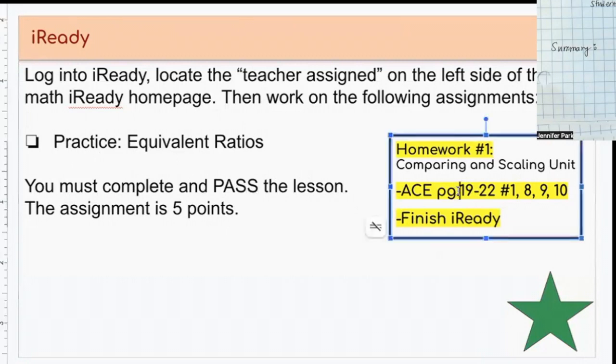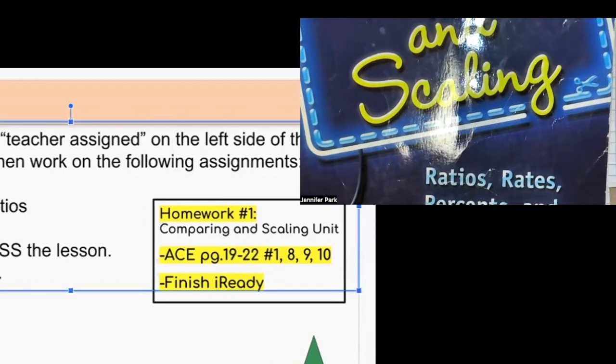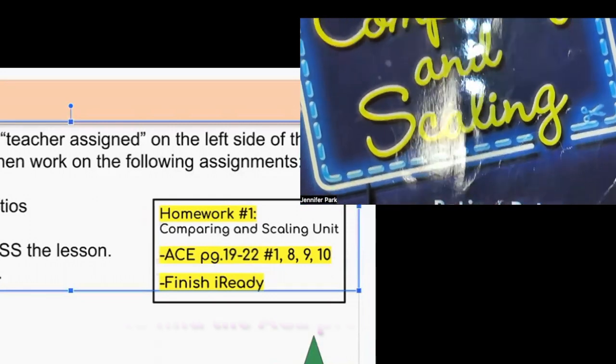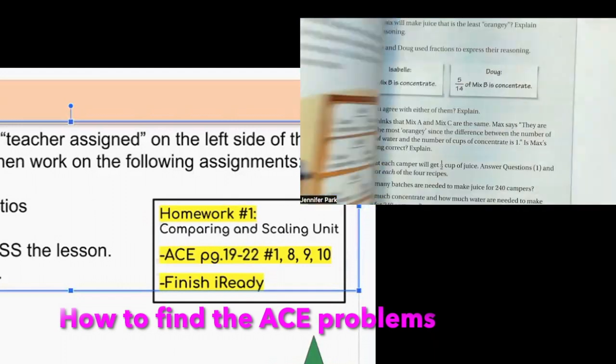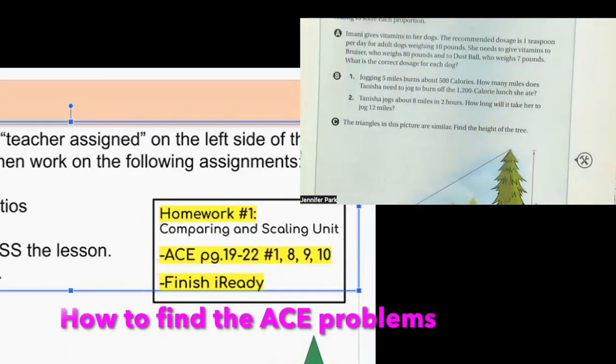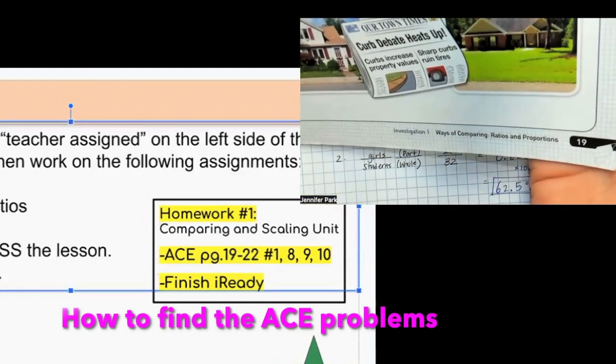Once you've done that, you may begin working on the ACE problem in your notebook from your homework. When you're working on your homework, you can use a textbook, go to pages 19 to 22. You should use the book that says Comparing and Scaling. Go to page 19.